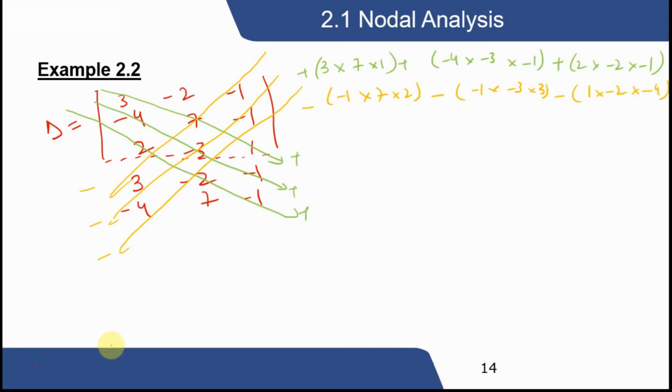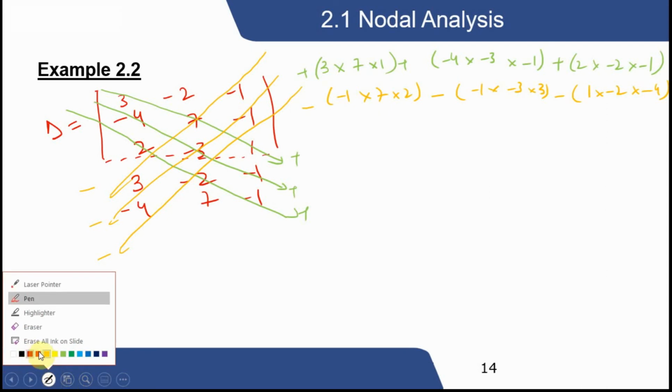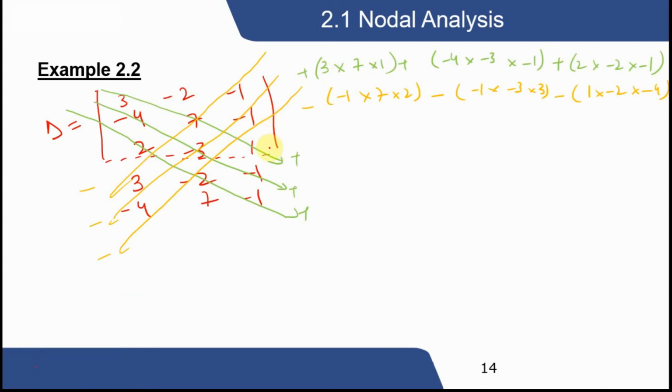So the first one is 21, the next one, minus minus plus, becomes plus 12, minus 1 becomes minus 12, then we have 4, then minus 7 times 2, which is minus 14, minus minus plus becomes plus 14, then minus 9, then minus 8. When we sum these up, it also becomes 10.